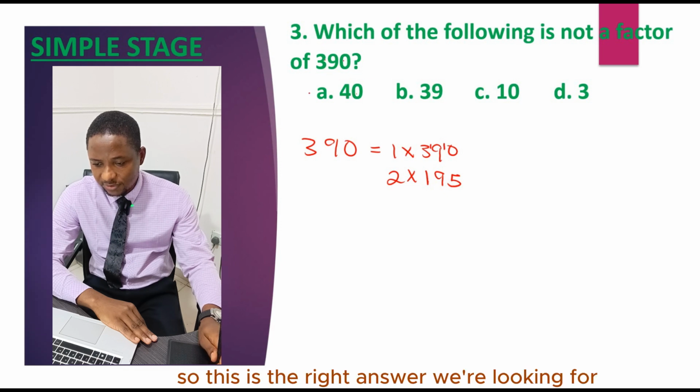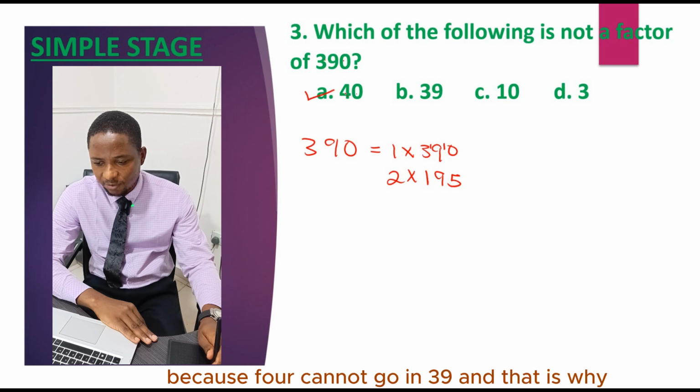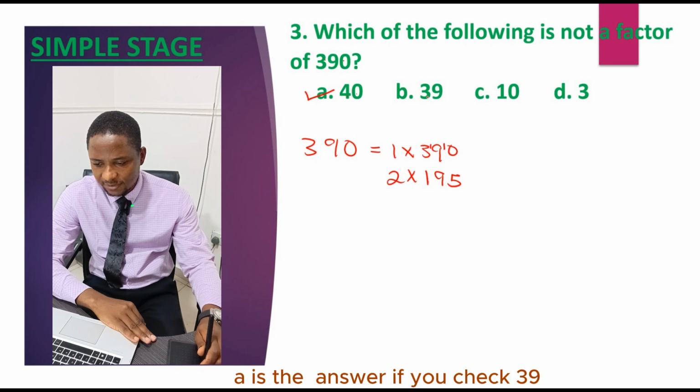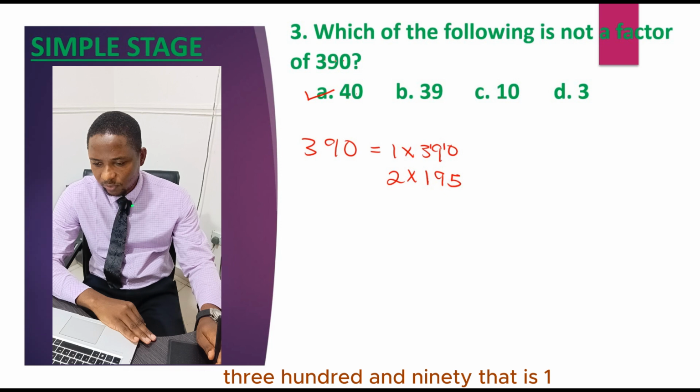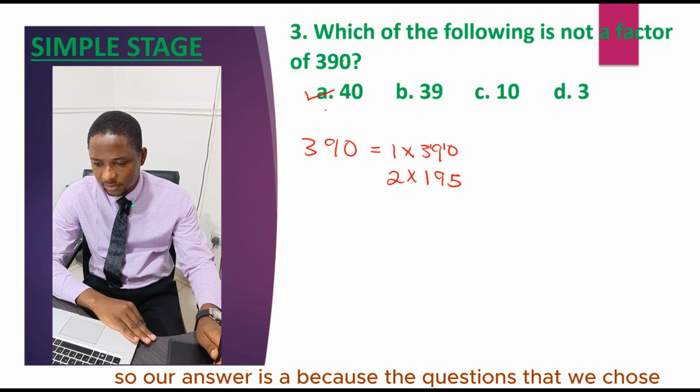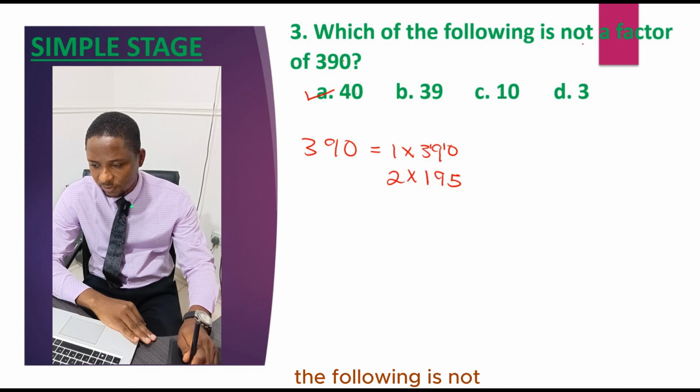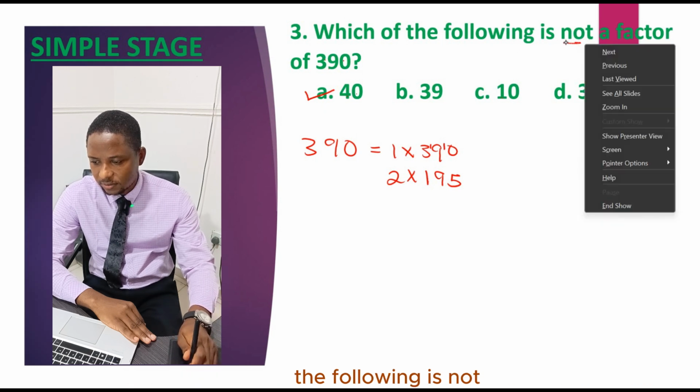No. So this is the answer we're looking for, because 4 cannot go in 39, and that is why A is the answer. If you check, 39 can go in 390 10 times. 10 can go in 390 39 times. And 3 can go in 390, that's 130. So our answer is A, because the question is which of the following is not.